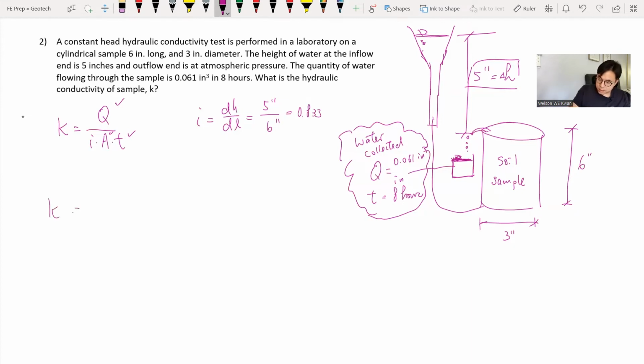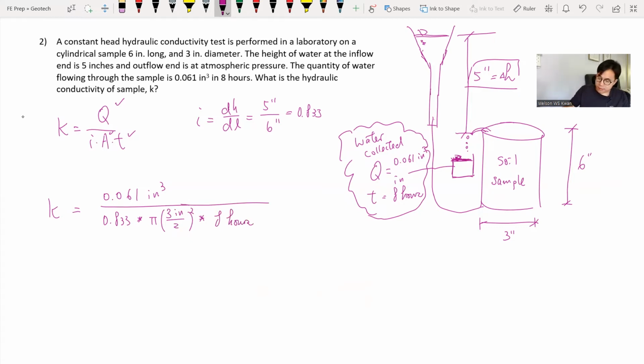So K equals to the capital Q, so it's 0.061 inch cubic, and then the i is 0.833, and the area we can calculate, which is the specimen cross-sectional area, which is equal to pi r squared, and we know the radius, which is 3 inches divided by 2, and then the time now is given as 8 hours.